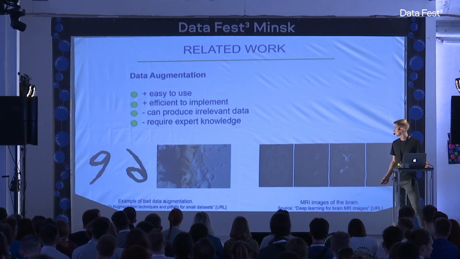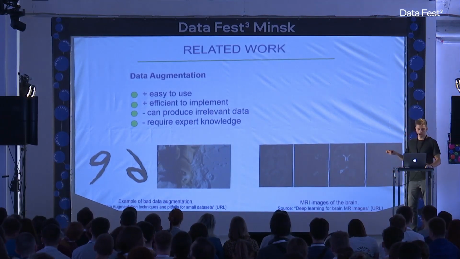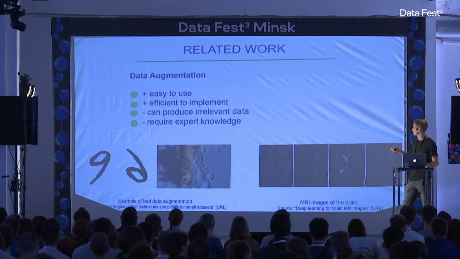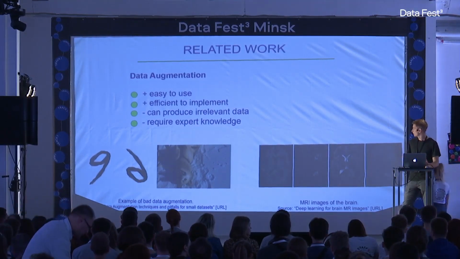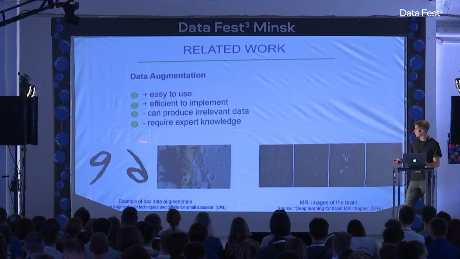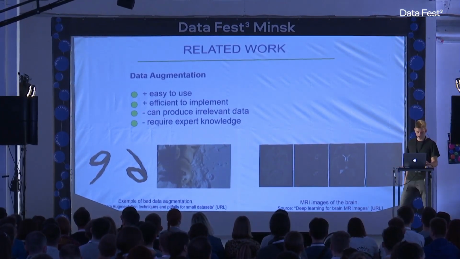Data augmentation is really great. It's easy to use, efficient to implement, but it also has some drawbacks. For example, it can produce irrelevant data. Imagine that we have a data set with digits, and for example, we flip the 9, so the result is no longer a valid digit.